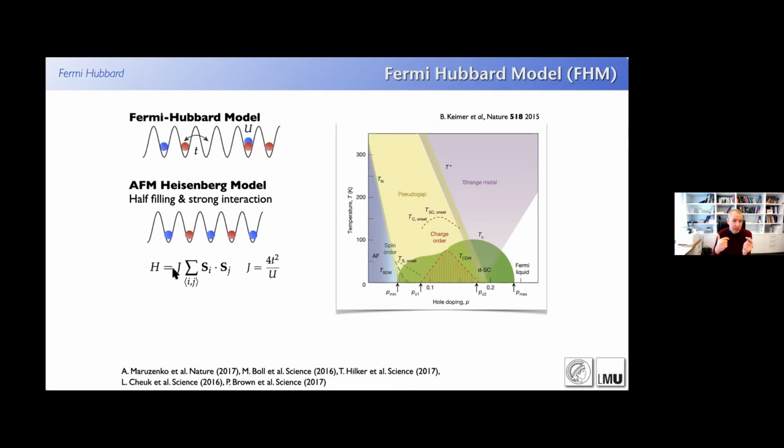It's energetically favored in the ground state if the spins align. They are parallel, like what you expect from a ferromagnet. And if J is positive, then the energy is minimized when the spins anti-align, and you get basically a Heisenberg antiferromagnet. So this is the big difference between bosons and fermions when you look at two-component spin systems: you have very, very different phases of matter.